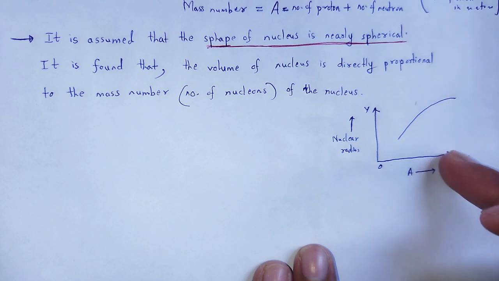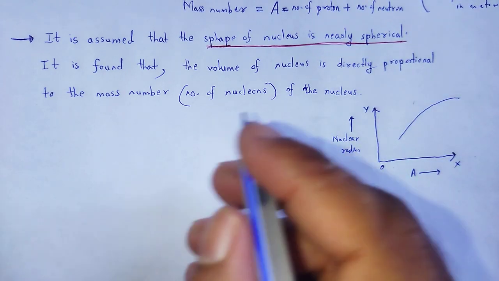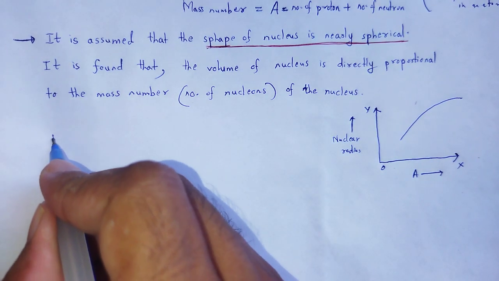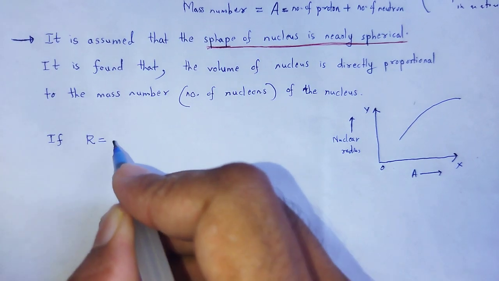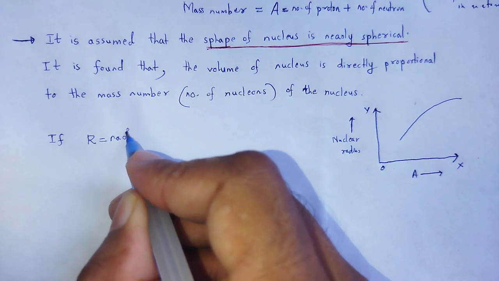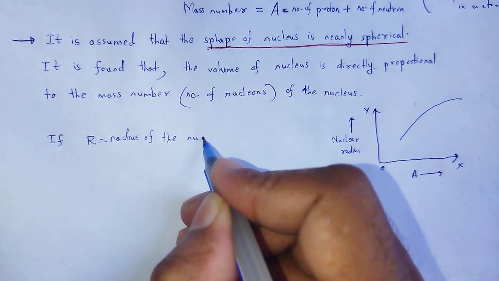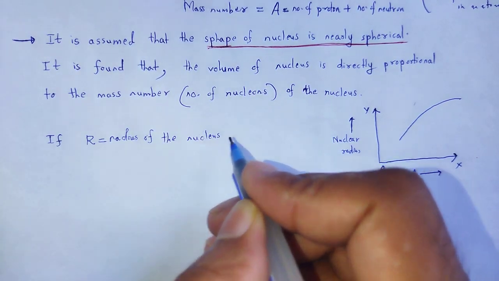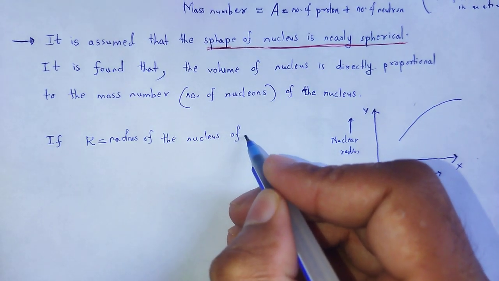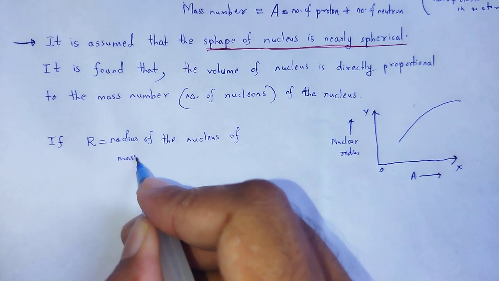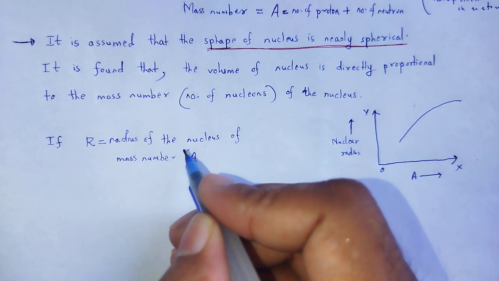With an increase in atomic number, the nuclear radius gradually increases. Let capital R be the radius of the nucleus having mass number A.